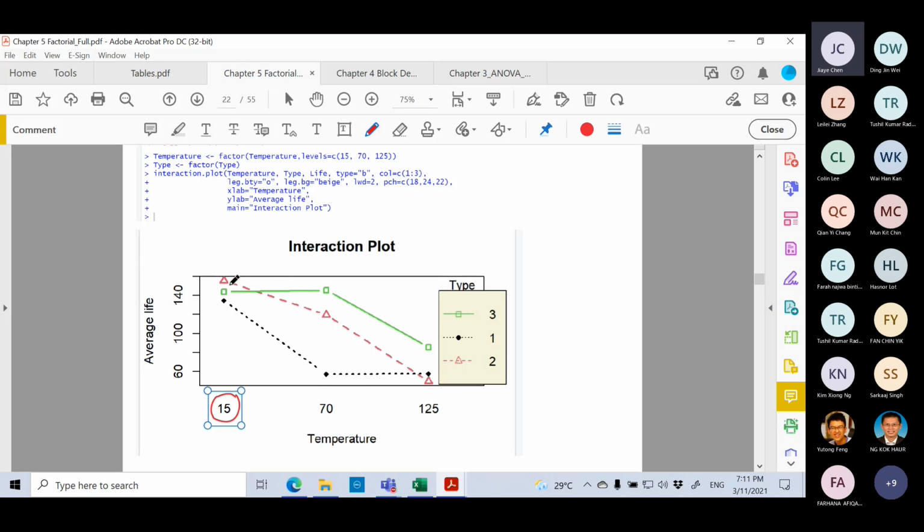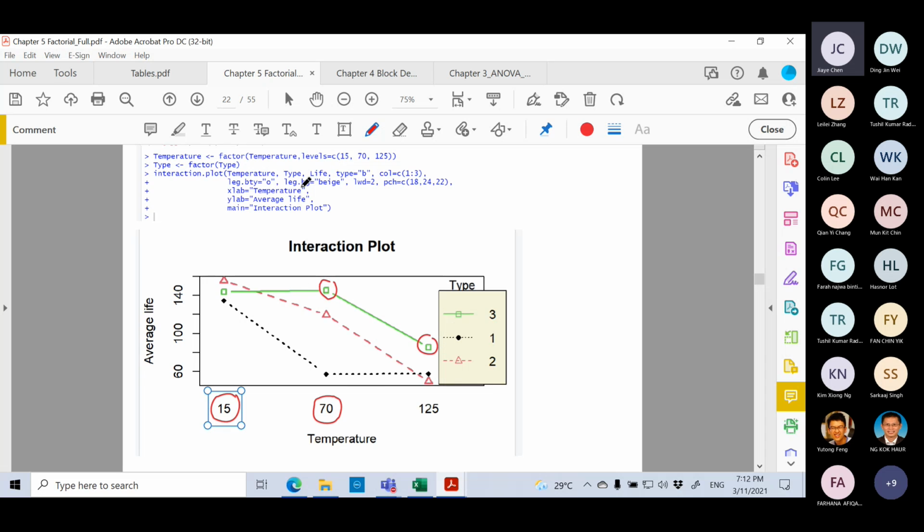If you use material type number 2, it will give you the higher life. Whereas if you go for 70 degrees, then the highest one, you need to choose type 3. Then for the last one, 125, you still choose type 3.